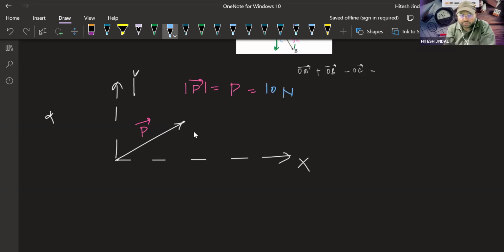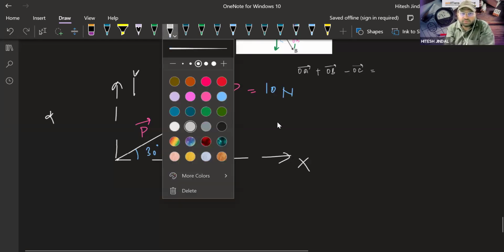Let's say this is a force. Vector P is a force. And this angle is given to us as 30 degrees. Then you tell me the components of this vector.